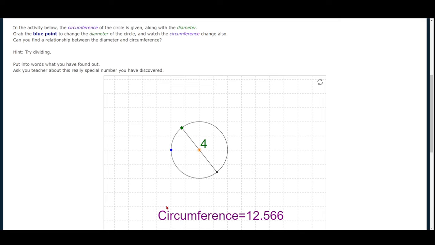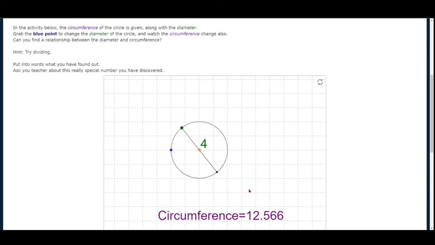And we're going to look at the relationship between the circumference, or the distance around, and the diameter, so the distance across, from one side straight through the center to the other side. So in this case, the diameter is 4.